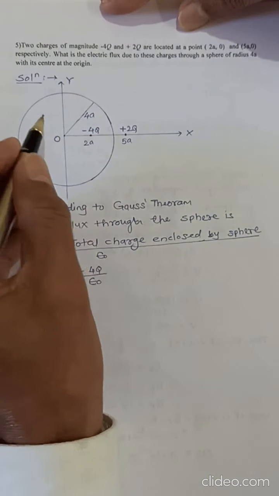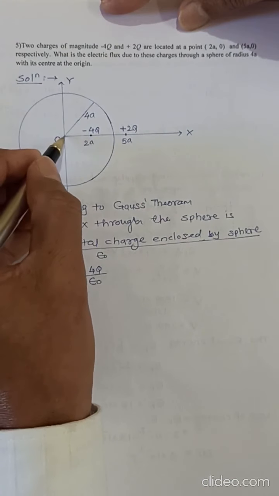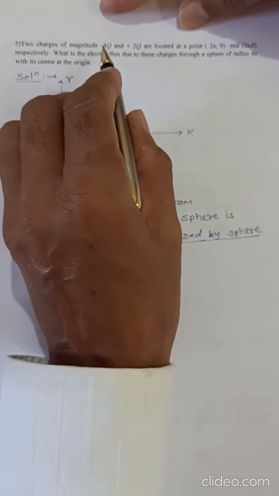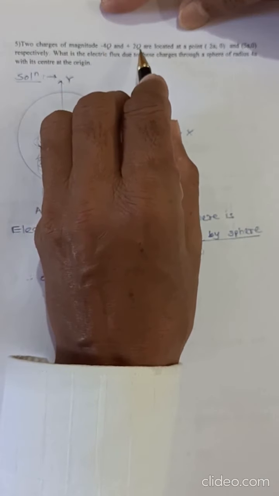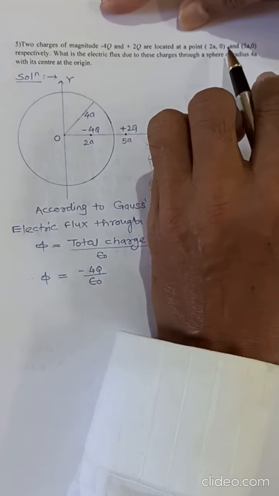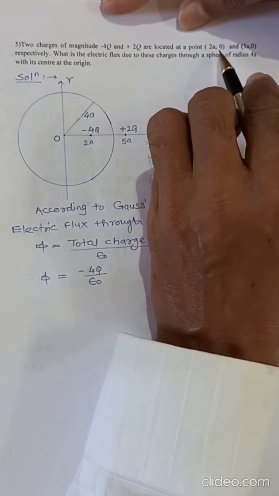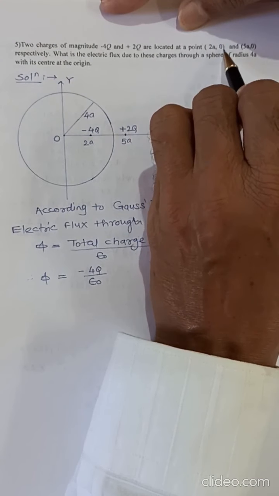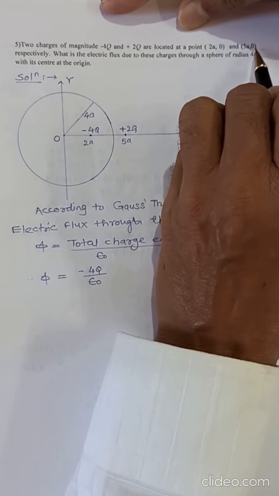Suppose this is the sphere having center O, the radius is equal to 4a. Minus 4q and plus 2q are the charges located at these coordinates. So here only two coordinates are given, x coordinate and y coordinate.